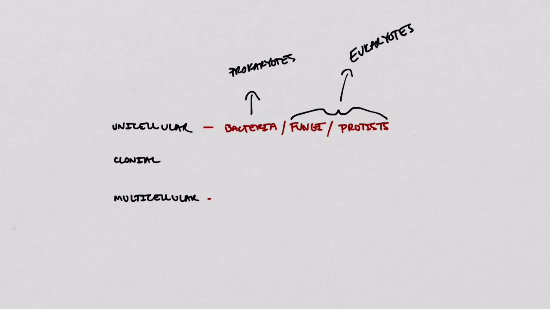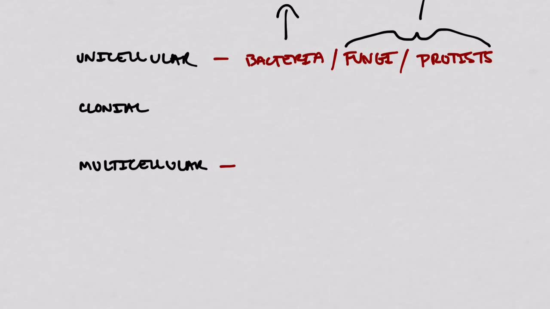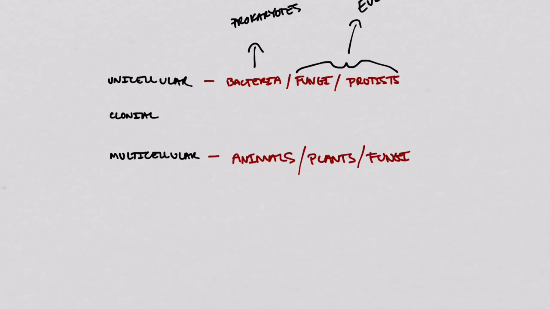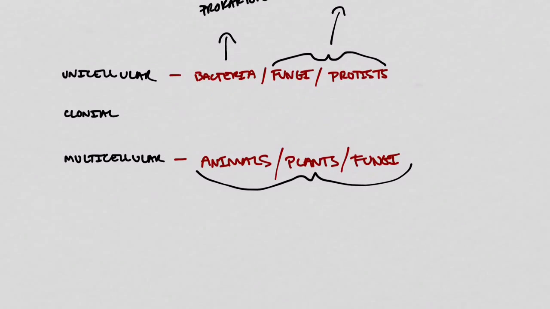Multicellular organisms include animals and plants and some fungi. And these are all examples of eukaryotes.